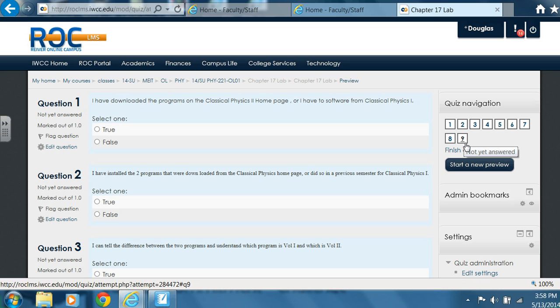Now, if the question is true or false, chances are the computer can automatically grade it. And that's true 9 times out of 10. 1 time out of 10, whether the answer is true or false will depend on what your next answer is. I know, that seems weird.